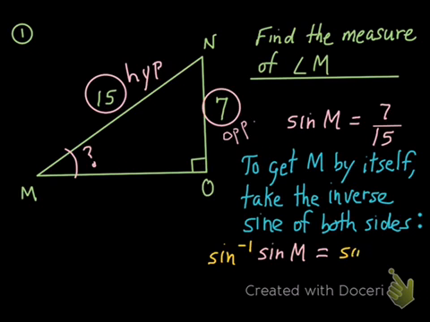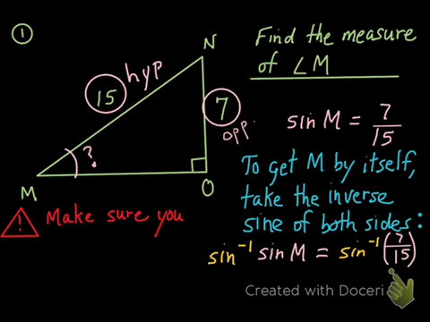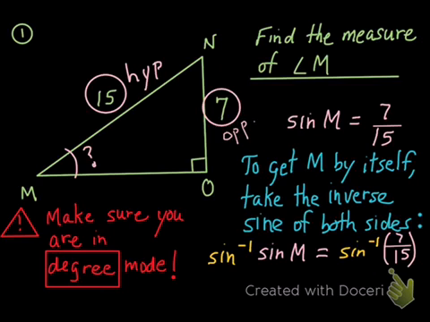Sine inverse of the sine of M equals sine inverse of 7 over 15. What's going to happen on the left-hand side? You can probably see with your mind's eye exactly what I'm going to do here. Sine inverse of sine of M. Just a quick note, make sure you are in degree mode or you will not kick out the same answers I'm about to show you.